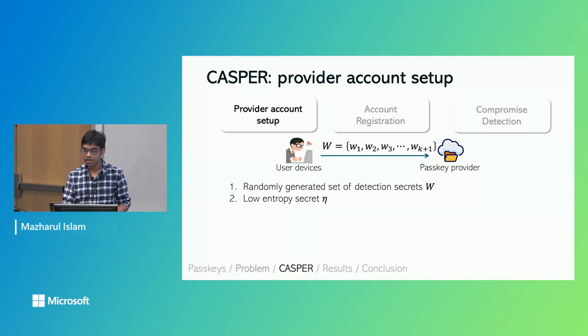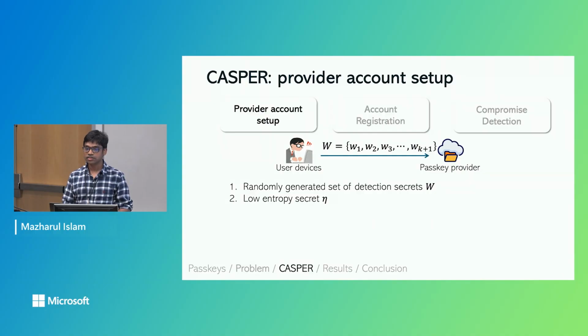As I mentioned earlier, in the first step, the provider account setup, whenever the user creates an account with the passkey provider, we randomly generate a set of K plus 1 detection secrets. One of the detection secrets is the real detection secret. The other K are decoy detection secrets.